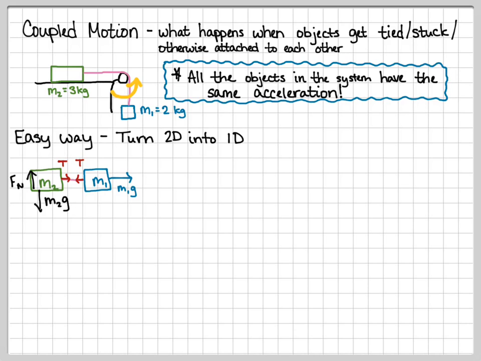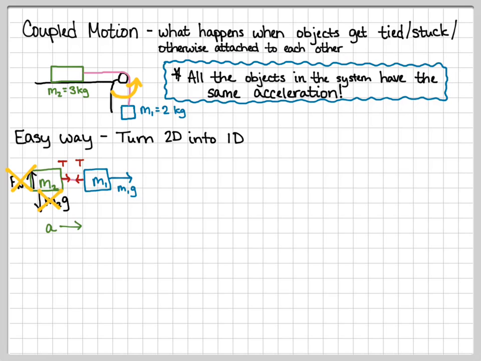So I essentially just shifted that 90 degrees. And then our acceleration is going to point to the right. So, fortunately, a lot of stuff cancels out. The normal force and the weight for the green block will cancel out.